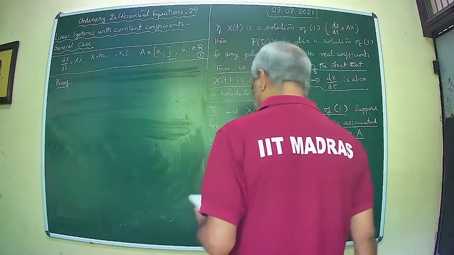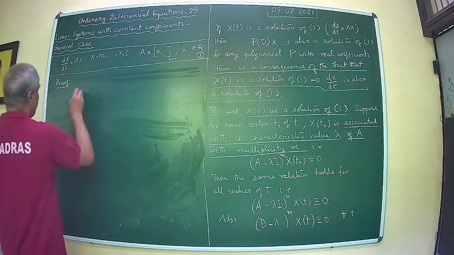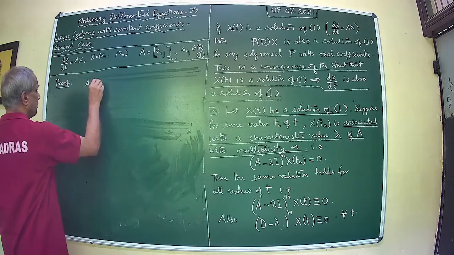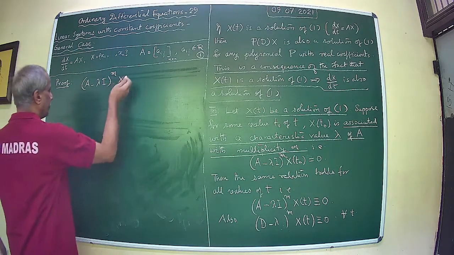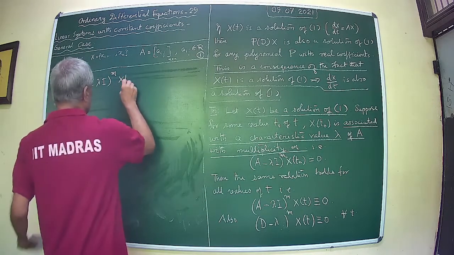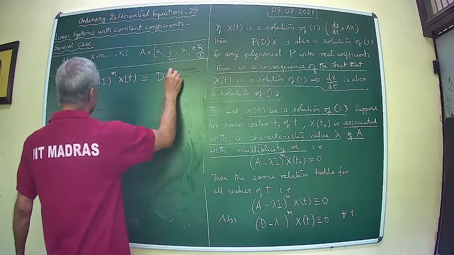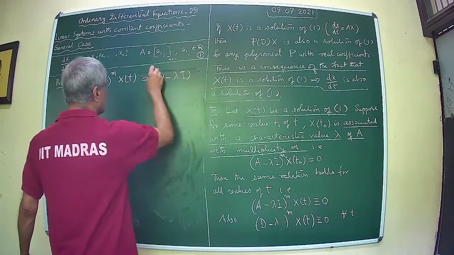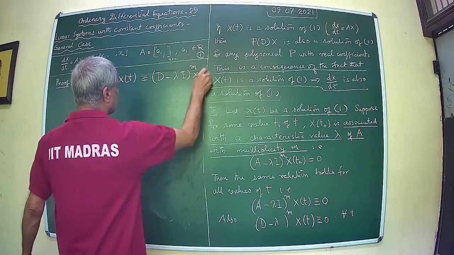Now you clearly see that a minus x t is identically equal to d minus... this we know.